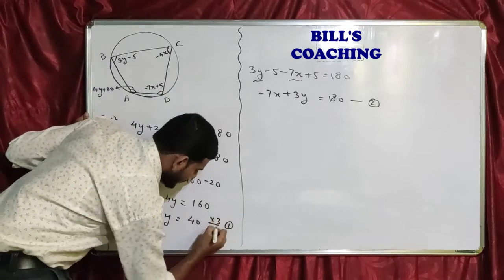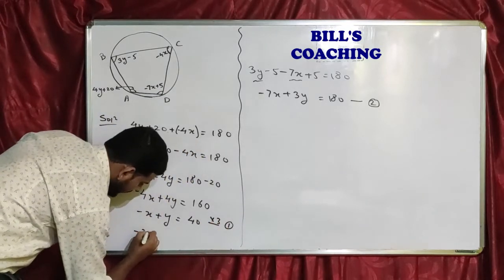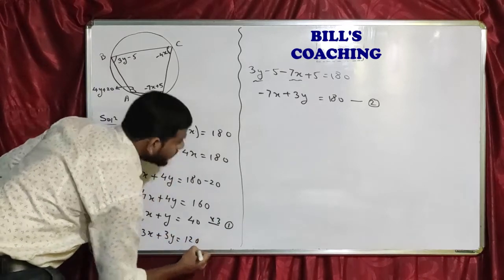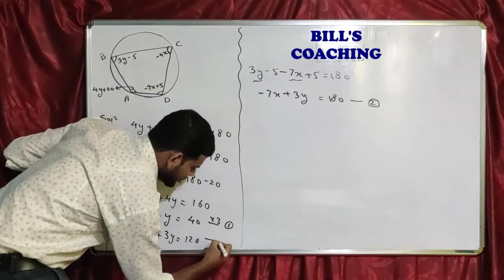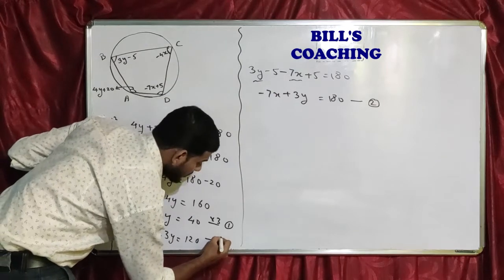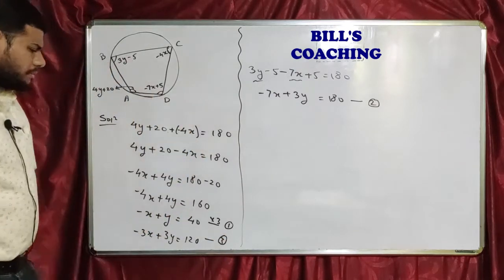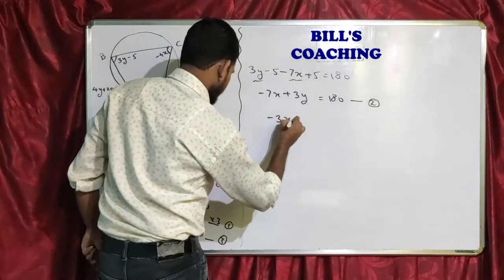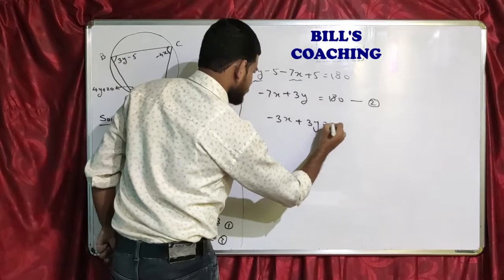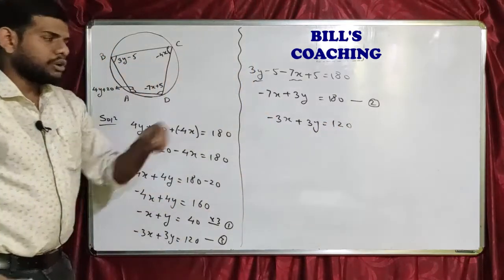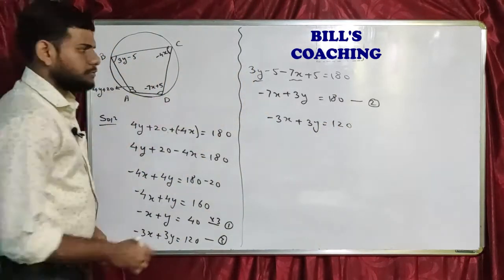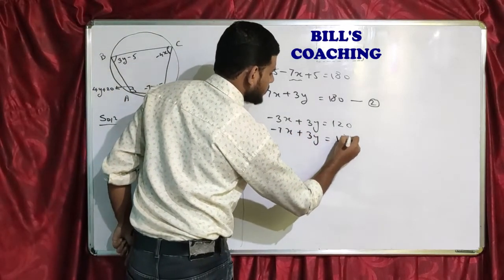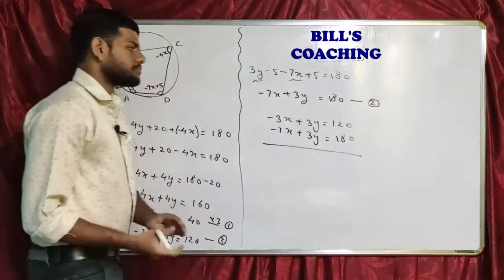So let me multiply this by 3 and we'll get minus 3x plus 3y will be equal to 120, and let me write it as equation 3 maybe. Okay. I'll be writing it again, same equation, which is minus 3x plus 3y is equal to 120. From here we got, in this equation, which is minus 7x plus 3y is equal to 180, this we got.